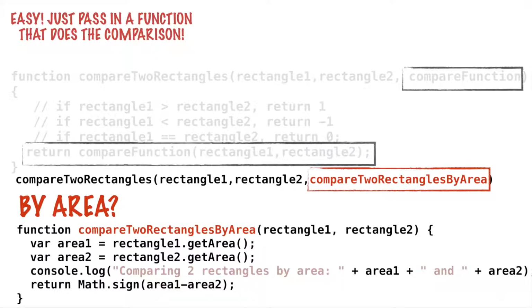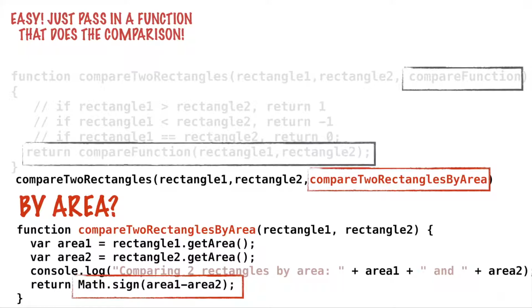Here is the implementation of the compare two rectangles by area function. It takes in two rectangles, rectangle 1 and rectangle 2. It calculates the area using the get area function or the property function on the rectangle, and then returns the sign of area 1 minus area 2.